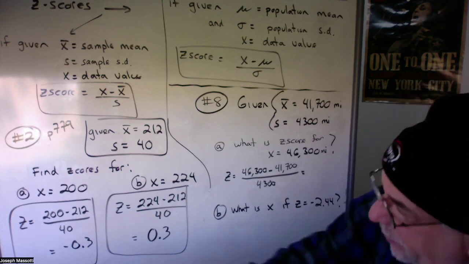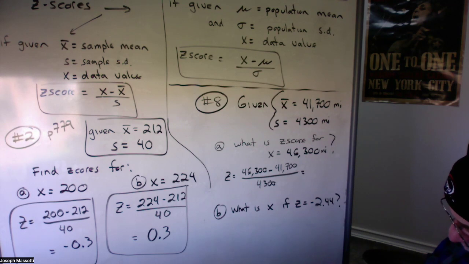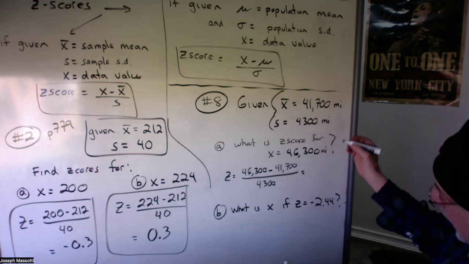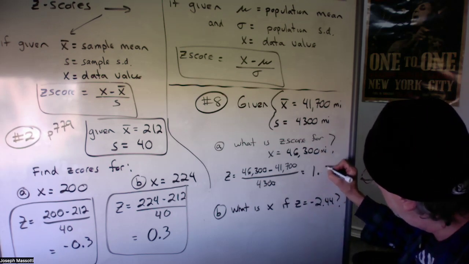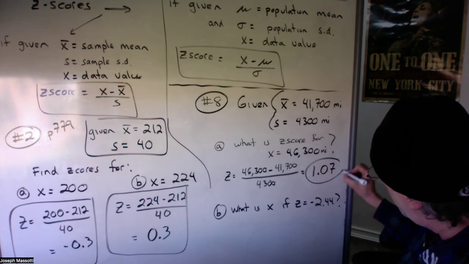And again, we plug that into our calculator. 46,300 minus 41,700 divided by 4,300. And we get 1.07 rounded to the nearest hundredth.